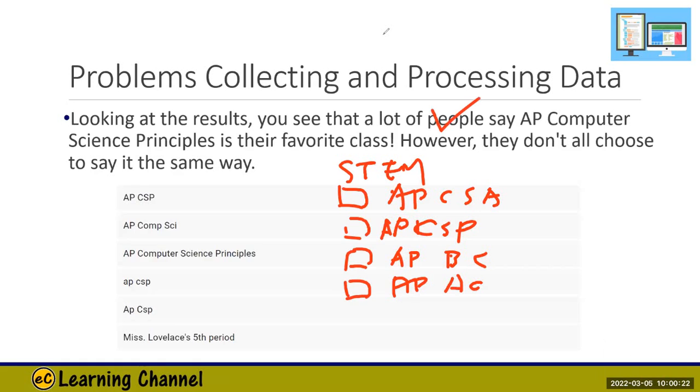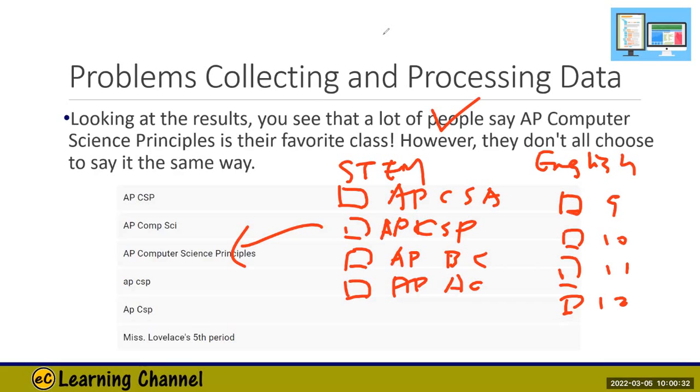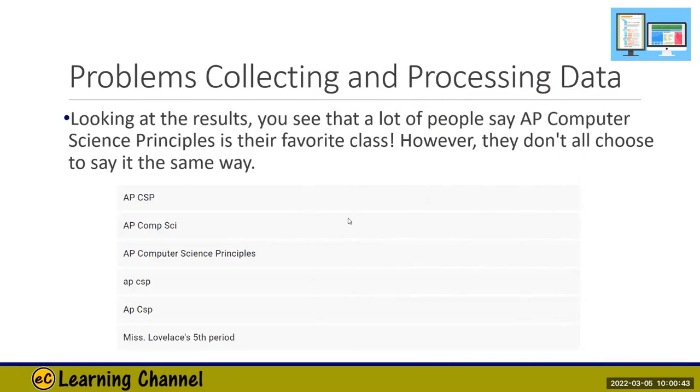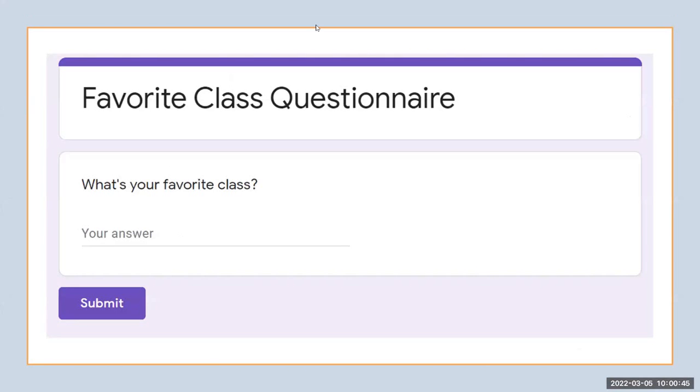I think this one is better. And then English courses, you put English 9, 10, 11, 12 for people to pick. So you provide a form with all the courses from the high school for people to do the survey. It would be better than providing a form that asks people blindly.